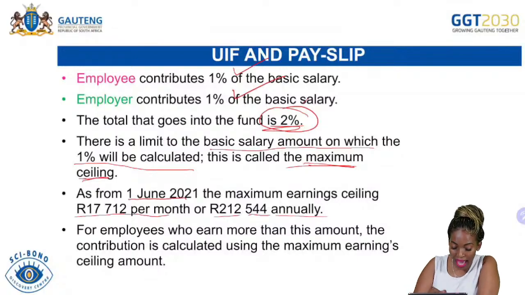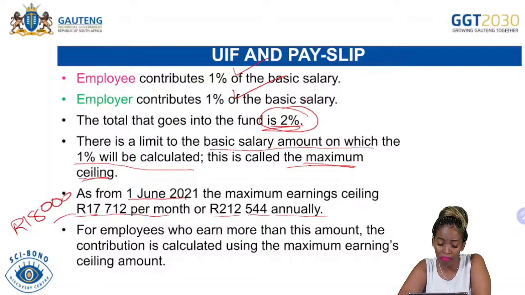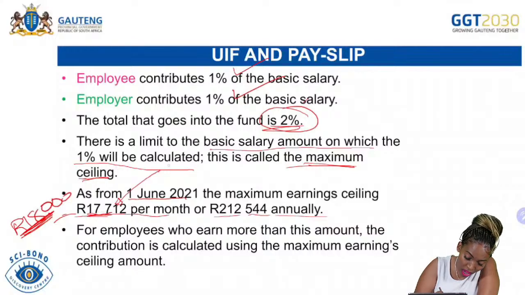It means if you are earning more than 17,000 per month, let's say you are earning 18,000, which is more than the 17,712, and someone has to calculate your UIF, they will not calculate it using the 18,000 because you've already exceeded the maximum ceiling. So they will calculate your UIF based on the ceiling, the 17,712.